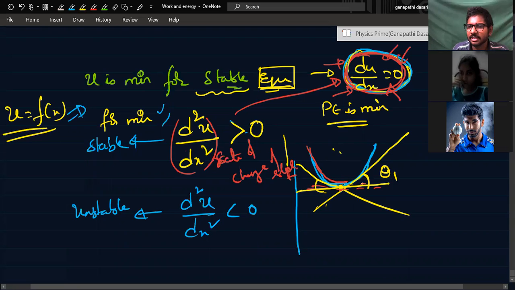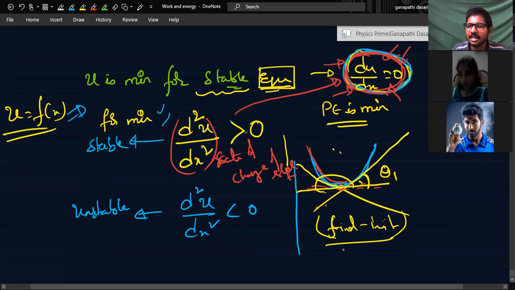Why negative? You see here, it is on the left side of the graph. So the rate of change of slope is the final slope minus the initial slope, divided by the change in x, that is x2 minus x1.